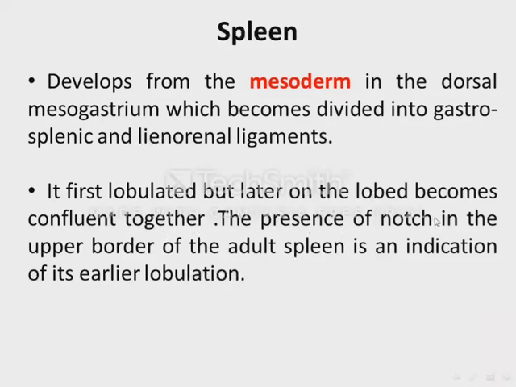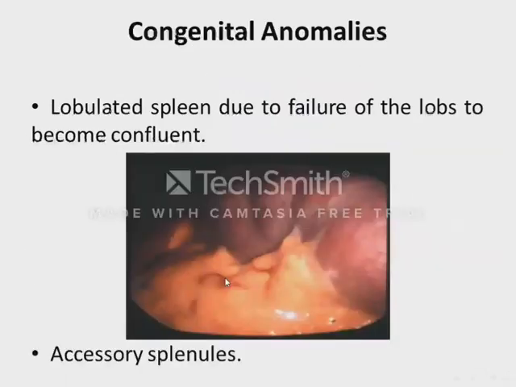So the presence of a notch in the upper border of the adult spleen is an indication of earlier lobulation. What about the congenital anomalies of the spleen? Number 1, lobulated spleen due to the failure of the lobes to become confluent together. So this is a picture of a lobulated spleen. Number 2, accessory spleenules.